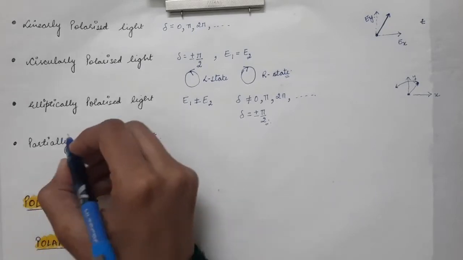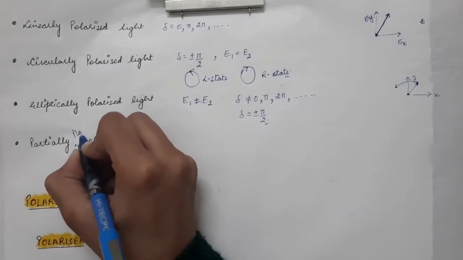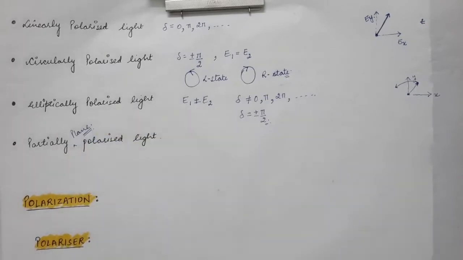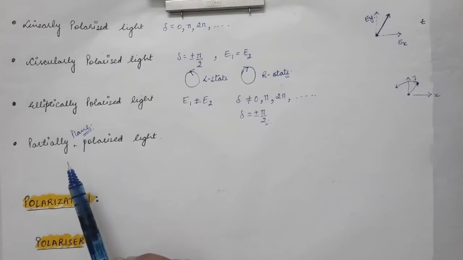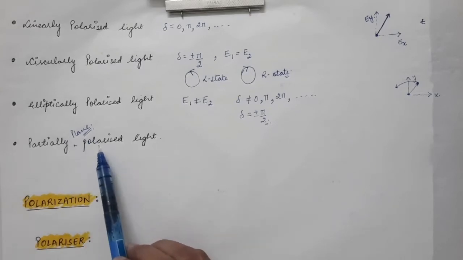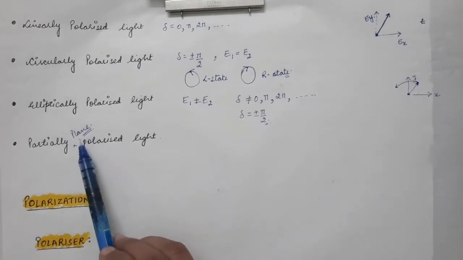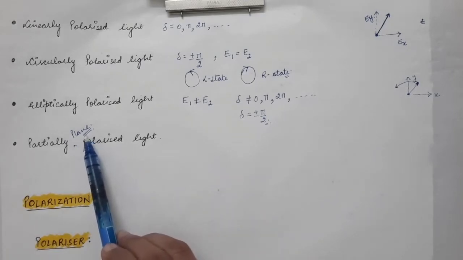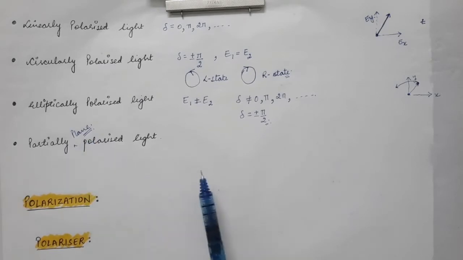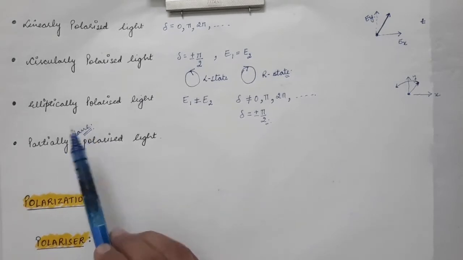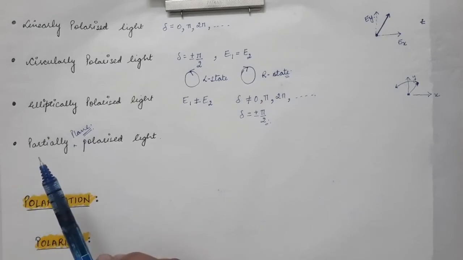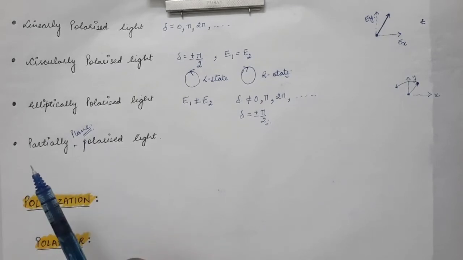Now the last one is the partially plane polarized light. The name itself suggests the definition of this polarized light. Partially plane polarized means that for some time interval the EM wave will appear to us to be plane polarized, and after that for some time interval we will see the EM wave change its orientation, the electric field changing its orientation randomly.